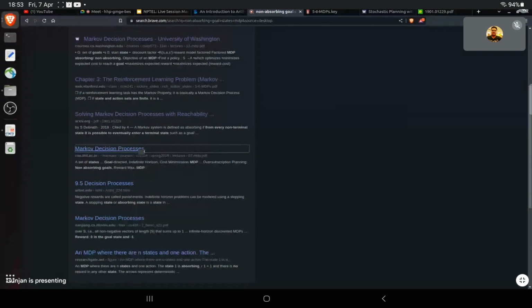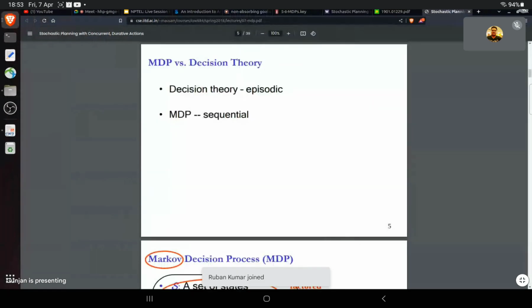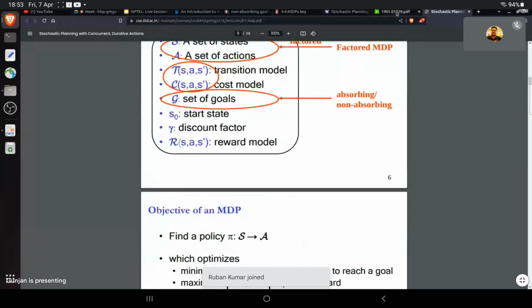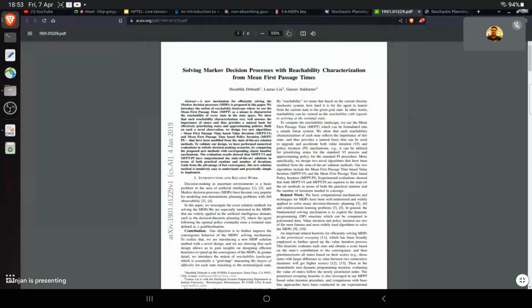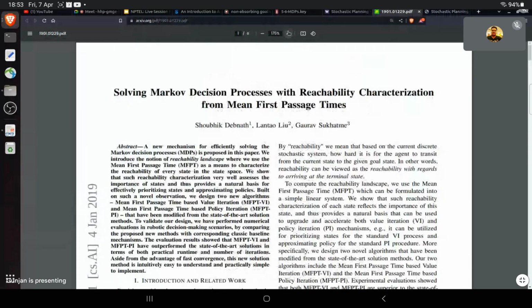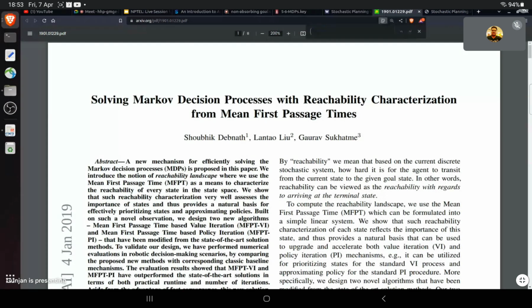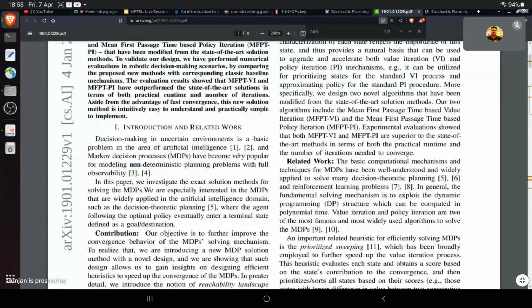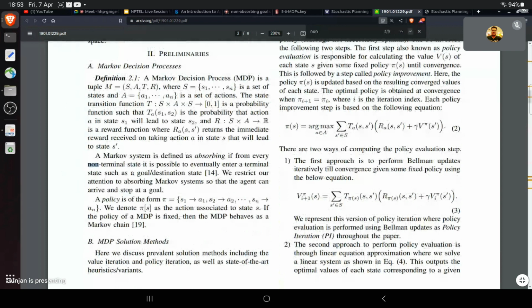The point of a goal state is that once the agent reaches that, that is our goal, right? Once we reach our goal, why would we even take an action? A Markov system is defined as absorbing if from every non-terminal state it is possible to eventually reach an absorbing state.